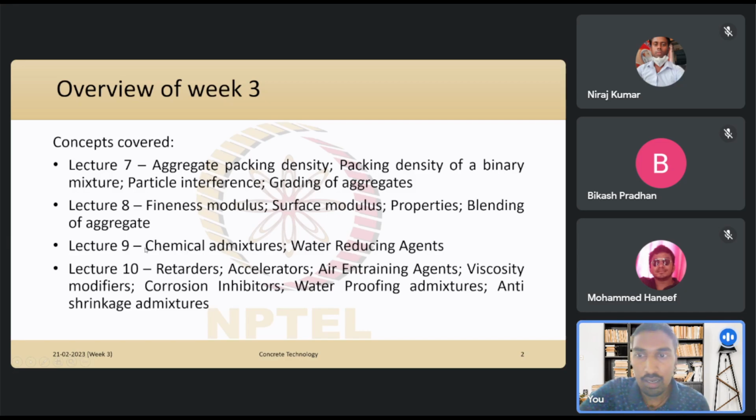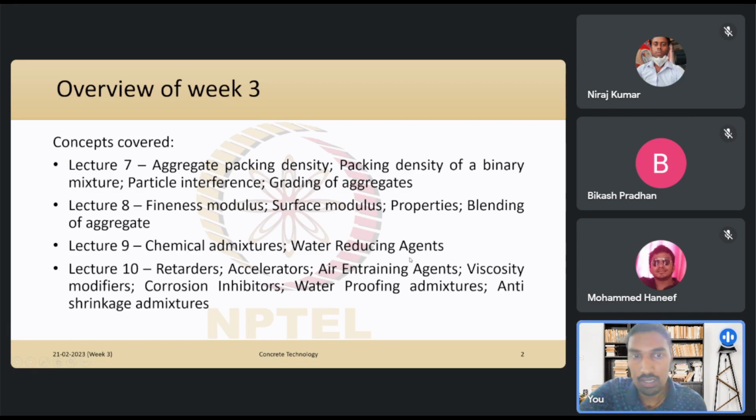And then lectures 9 and 10 are in module 3. This third module covers admixtures, right? In lectures 9 and 10 we were looking at the chemical admixtures. In lecture 9 we started with an introduction to chemical admixtures, and then we looked at one type of admixture, the water reducing agents, right?